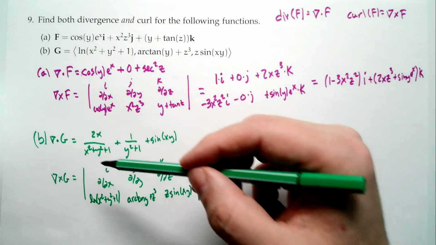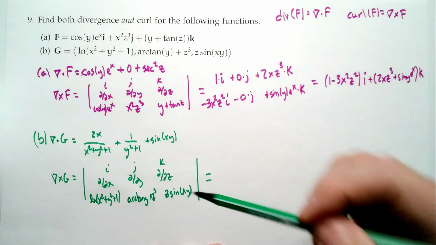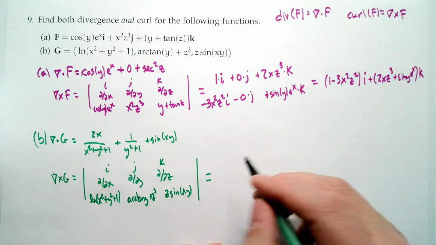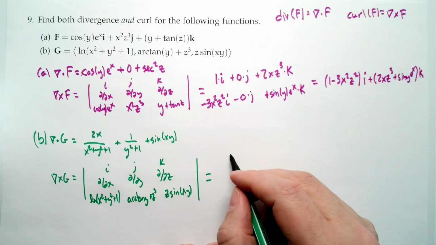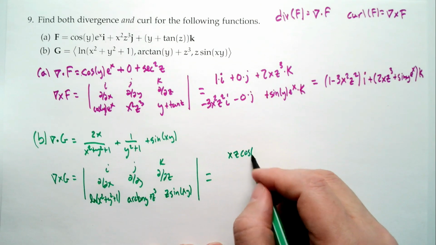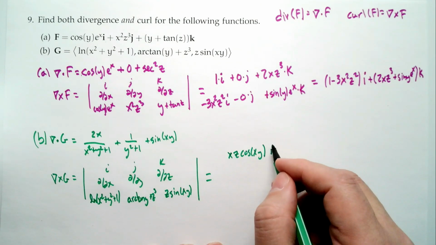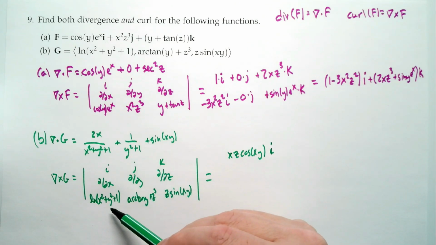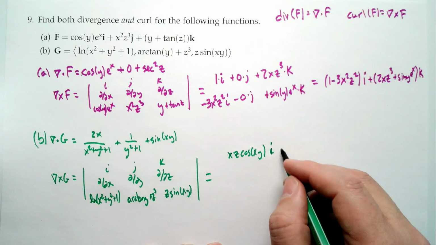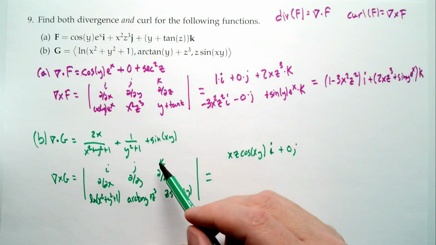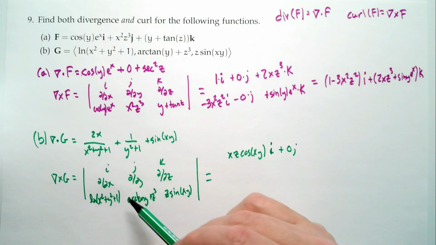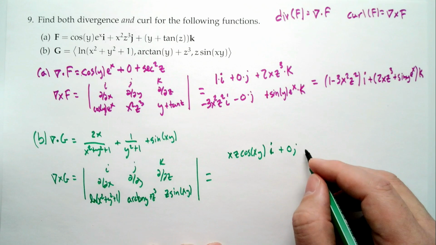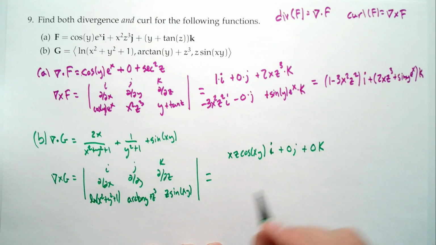So we take partial y of z sine of xy. Okay, there's a y there. So that's going to give us xz cosine of xy, and that's in the I direction. Partial z of the log of x squared plus y squared plus 1, nothing there, 0j. K, partial x of arctangent y plus z cubed, nothing there, 0k.